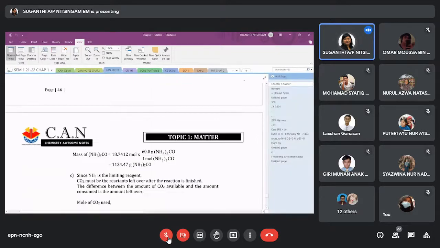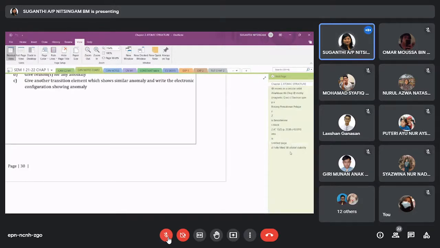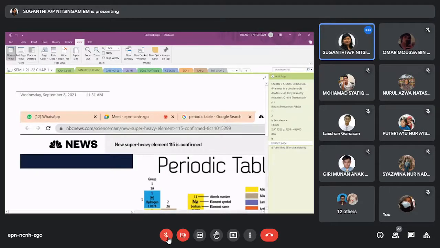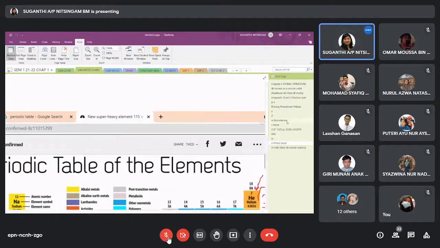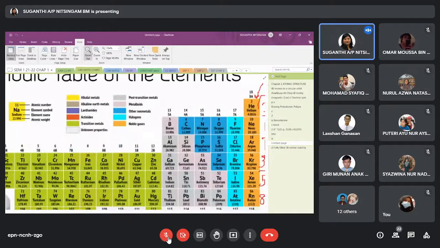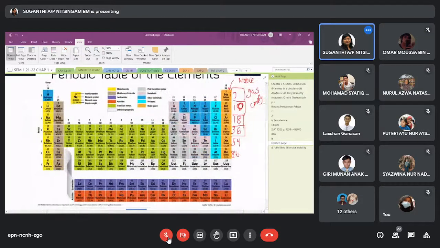Sekejap ya. Tadi yang saya tunjuk periodic table tu ada tak ini? Chapter 2, right? Okay. Where is the periodic? Here. This is the periodic table. You see here?